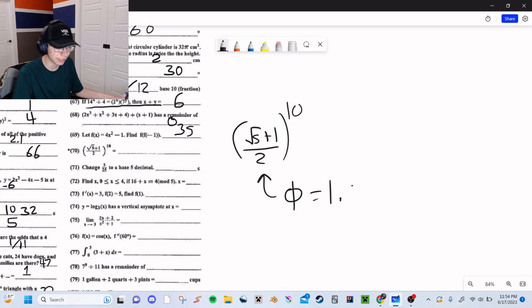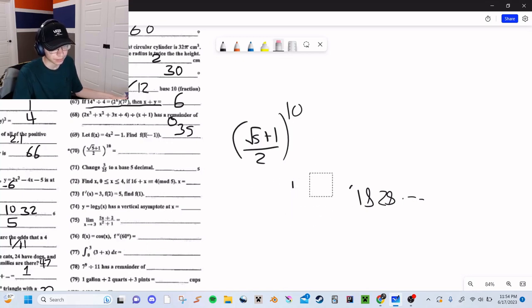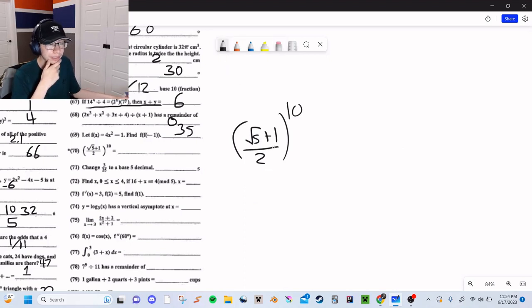That's going to be 1.6 something, pretty sure. Anyways, so because that's the golden ratio, okay, well, what can we do here? So yeah, it's almost like 1.62.